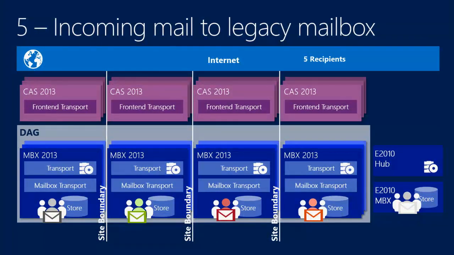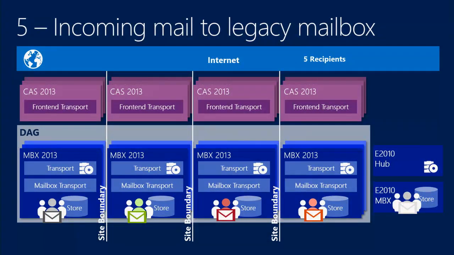If you have an inbound message that's to multiple people on the same server, at which point does it get split up? Well, if the message is to multiple people, then the transport service won't bifurcate that into multiple copies. It'll just deliver, if they're all in the same store. If they're on different stores or different databases, then a message will be created for each database.